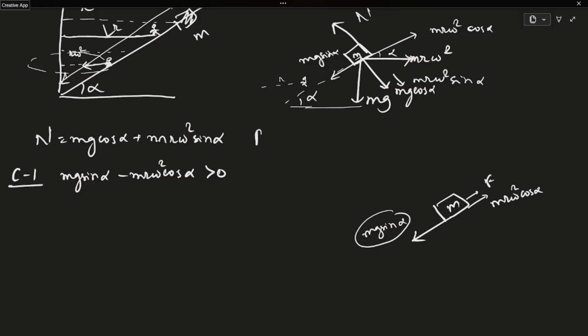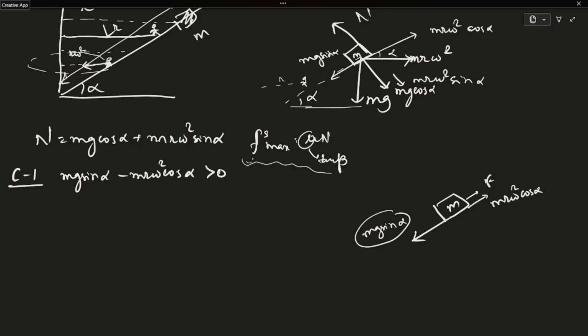The maximum value of friction is the same: Fs max is mu into n, where mu is tan beta. So I am now writing the condition at which the driving force will be equal to the maximum value of friction, because if the driving force gets more than Fs max, then it will start motion.